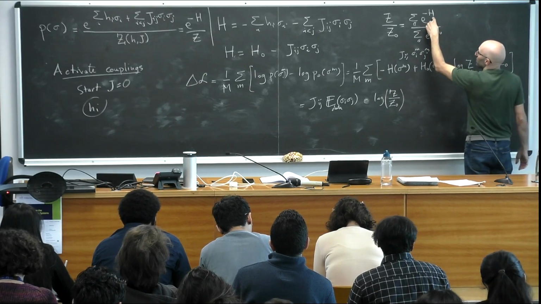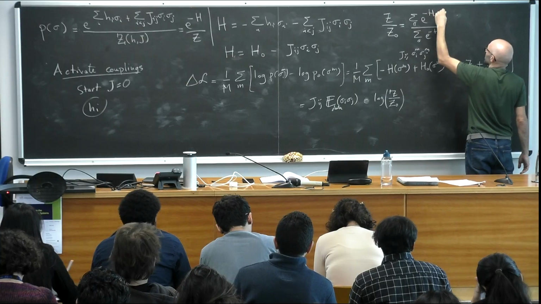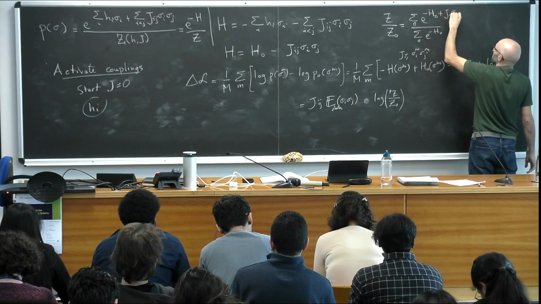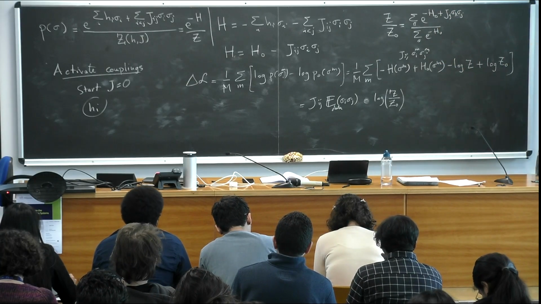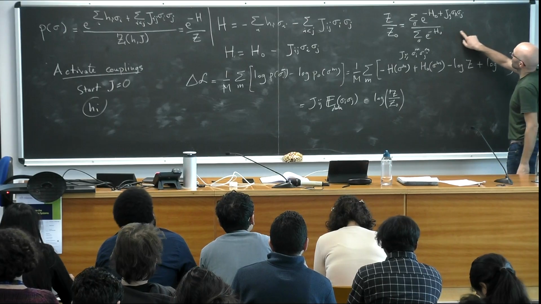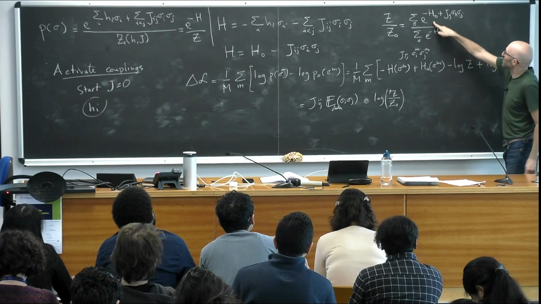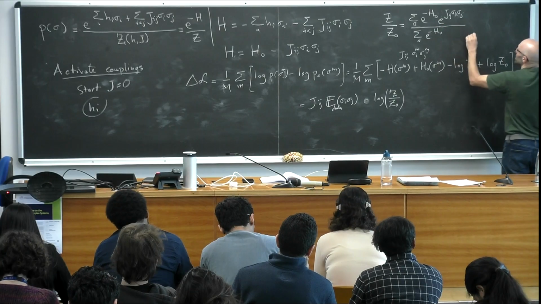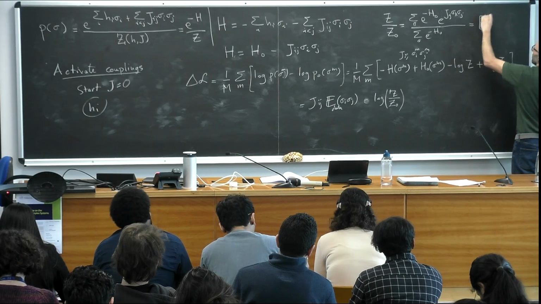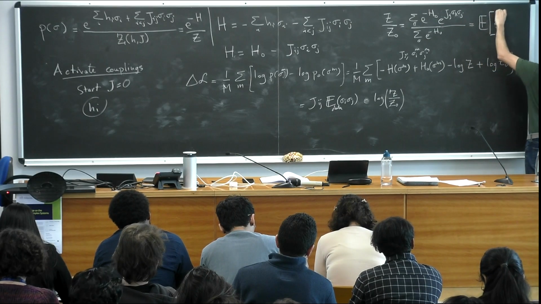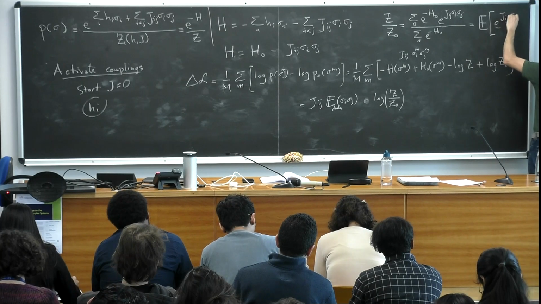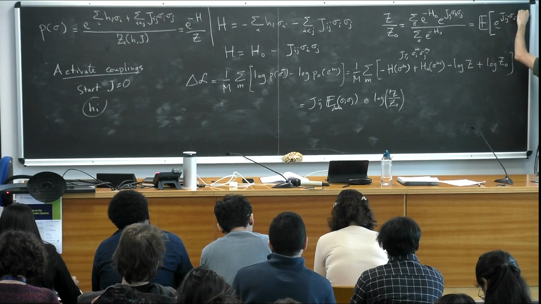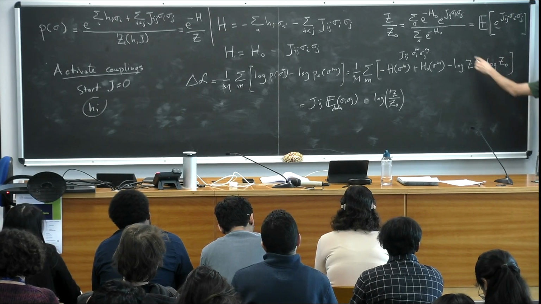But H is H0 plus j_ij sigma_i sigma_j. So this is the partition function of H0, and if you factorize the exponential, this is the average of e to the j_ij sigma_i sigma_j over the model H0.